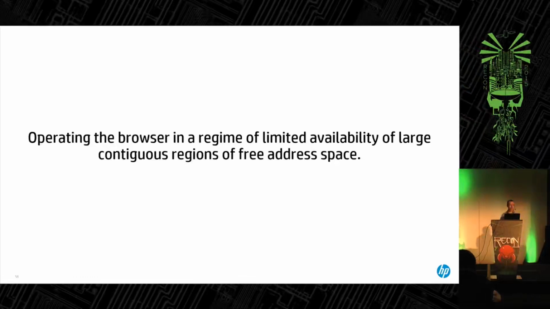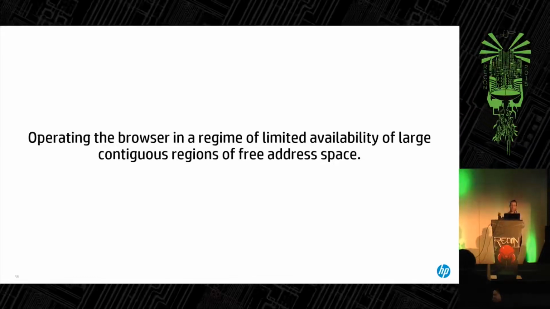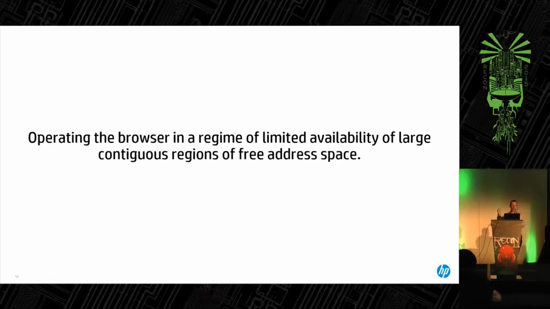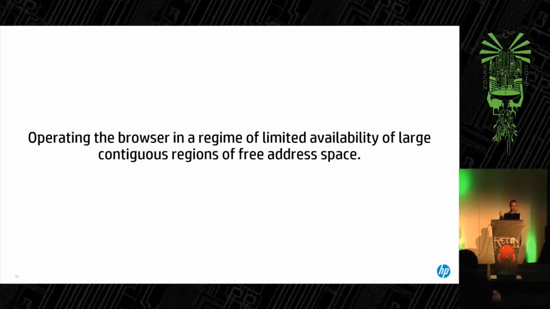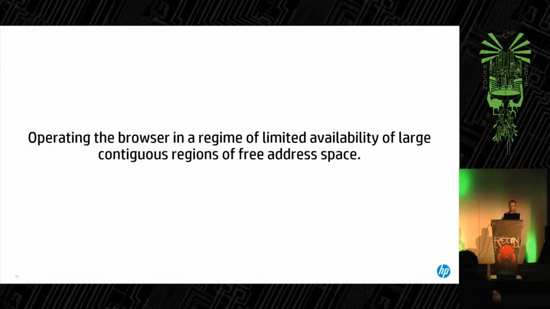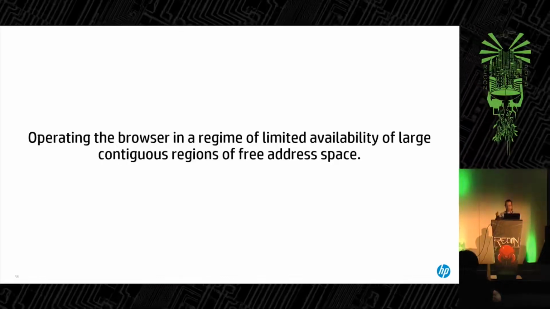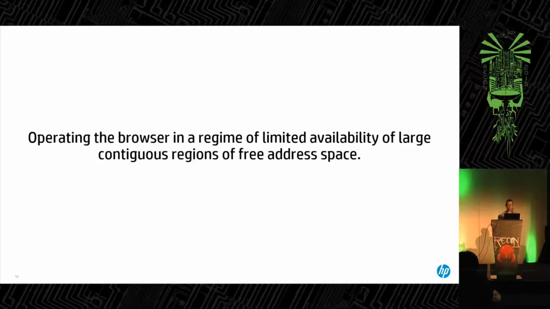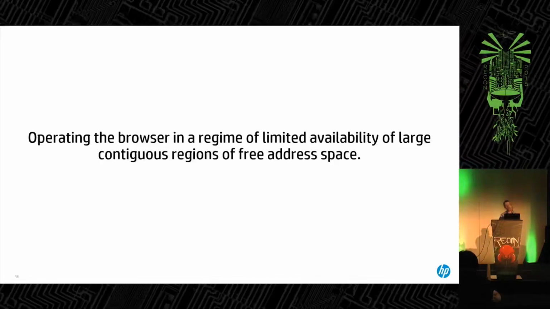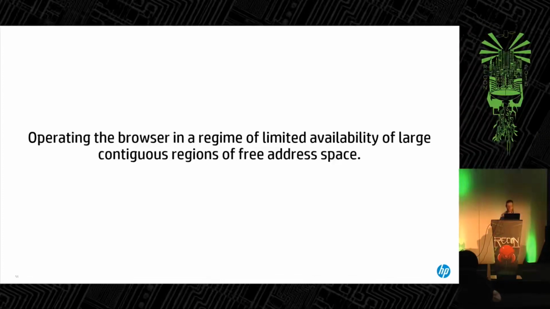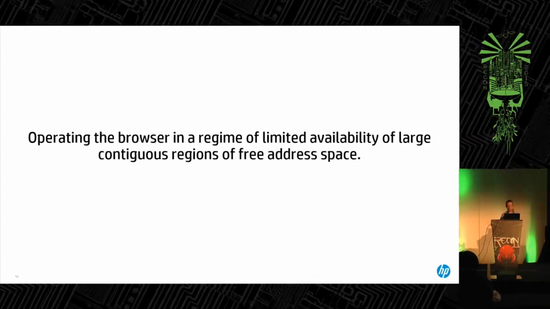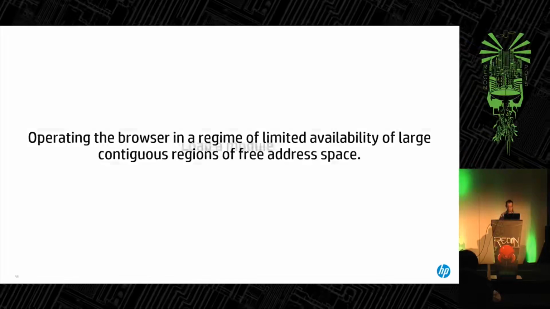So far, what we have is a way to prepare the address space so there's just one large hole of available addresses of a size of our choosing, and then to use the memory protection oracle to determine the exact addresses of that hole. So how can we make good use of this ability? What can an attacker gain from knowing the address of a hole in the address space?